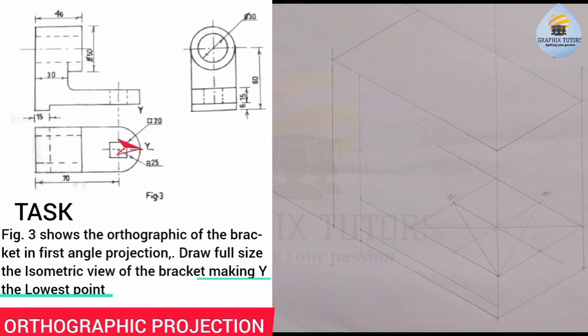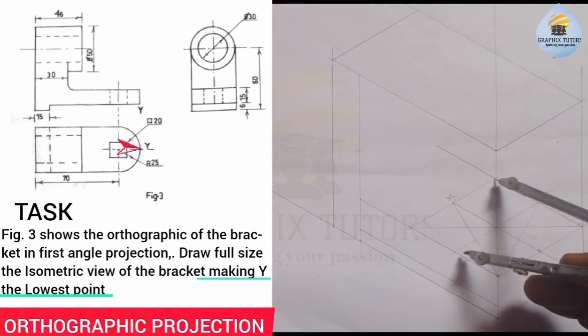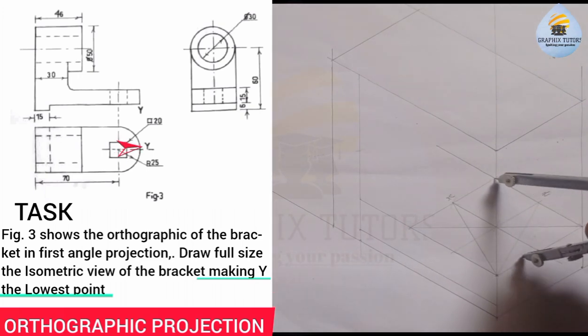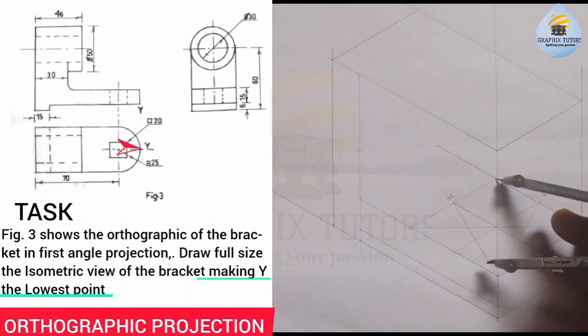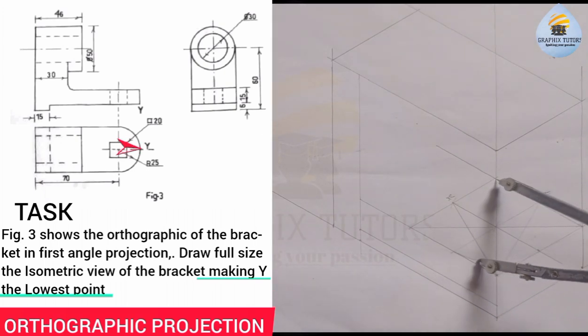So what I actually need is to get the curve. The point I actually need here is where I'll place my compass, and I'll take it to this end here. Can you see that? Where I'll be able to draw my curve.